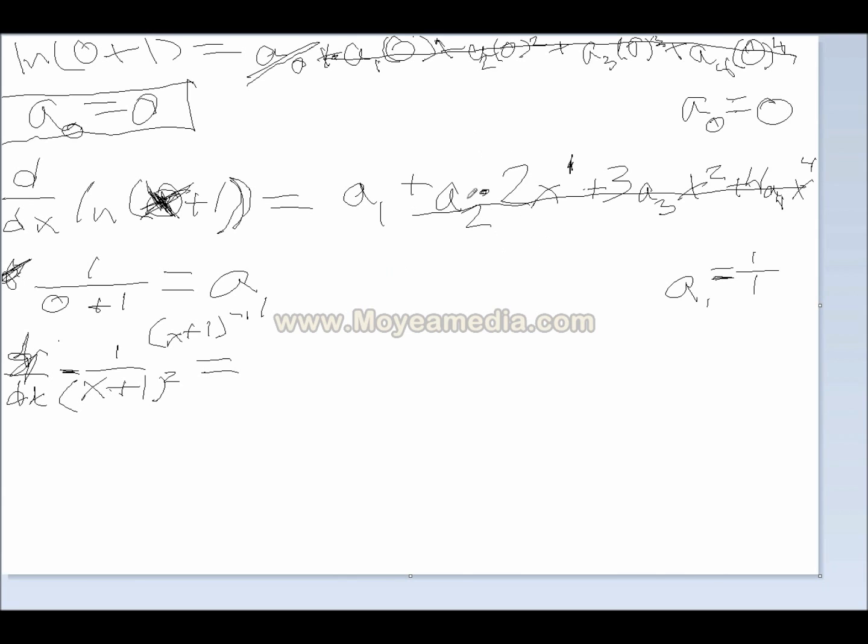So we have this a sub 1, which is going to cancel out. This 1 is going to come down, so we're still going to have 2 a sub 2, but now it's going to be x to the 0, which is just 1, so that's no longer there.